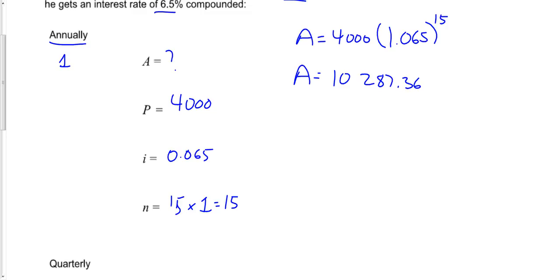So if I subtract the $4,000 he originally paid, he's going to end up with $6,287.36 in interest. Okay, so now let's change some of these conditions.